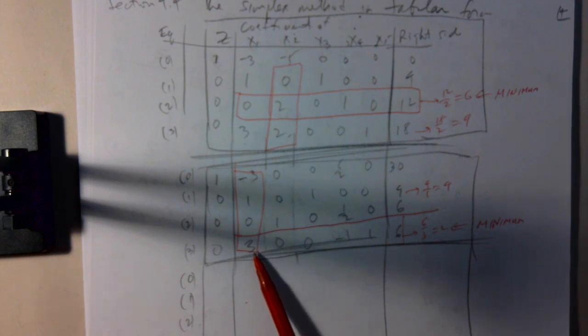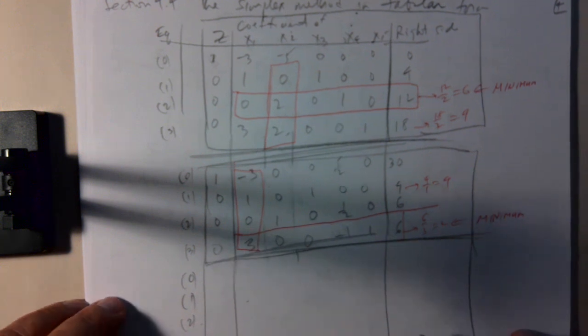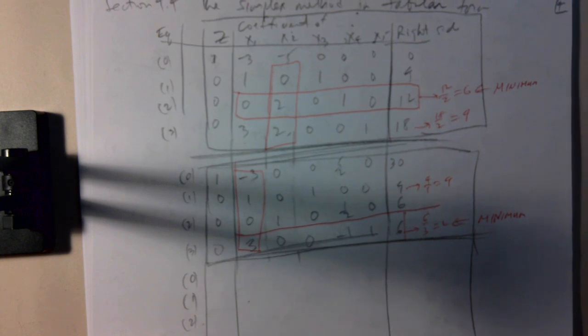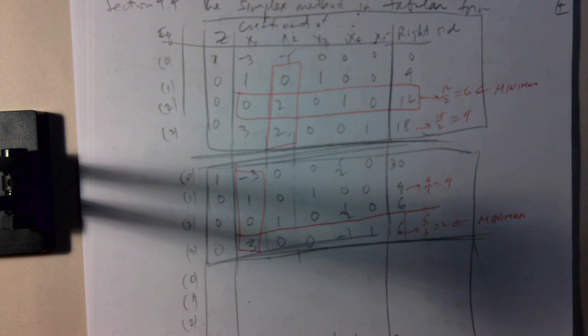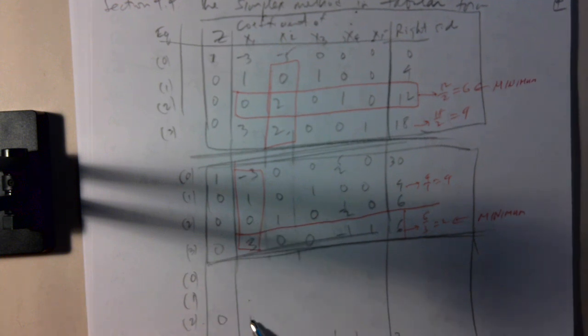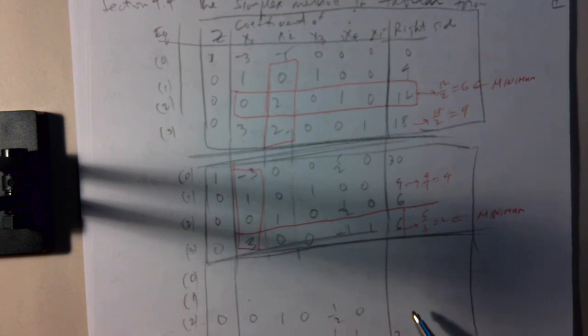So now I want a 1 here and zeros above it. So I can take this row and multiply by a third. I get 0, 1, 0, 0, minus a third, 2. I already have a 0 there, 0, 0, 1, 0, a half, 0, 6.